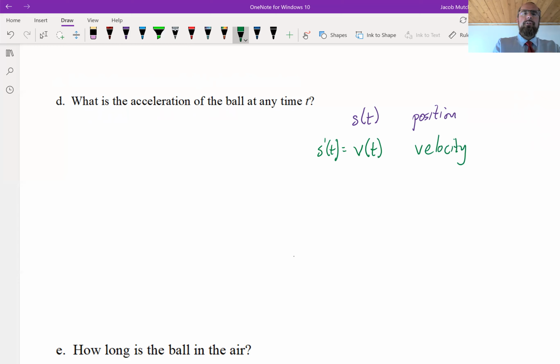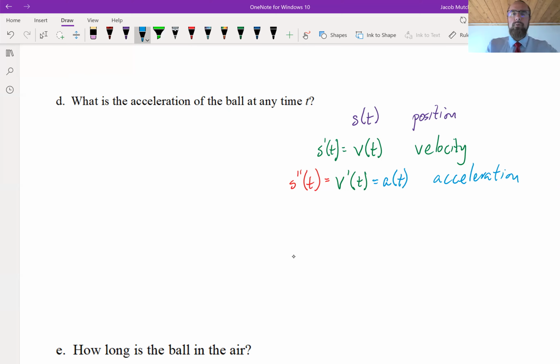But then if I took the second derivative of my position function, so I'll notate that as s double prime of t, which really is the first derivative of my velocity function, that would equal acceleration. So we can look at it in a couple different ways. It is the double derivative or the second derivative of the position. It's also the single or the first derivative of the velocity, and that's how we're going to calculate it.